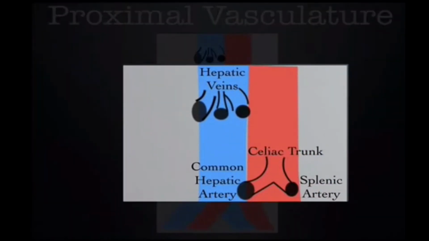The major branches that we're going to focus on the venous side would be the hepatic veins, and on the arterial side is going to be the celiac trunk, which further divides into the splenic artery and the common hepatic artery. Now we're also going to talk about the portal venous system, which could technically be a portion of the proximal vasculature of the abdomen, but it is a lot more superficial than the aorta and the IVC, and I feel like can be better discussed separate from this proximal vasculature.